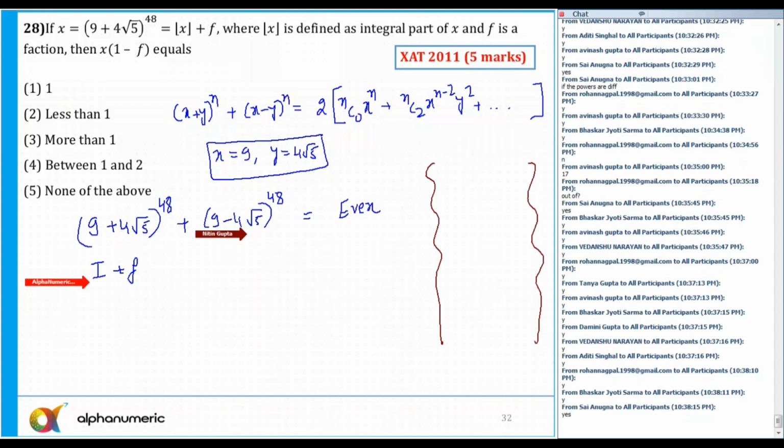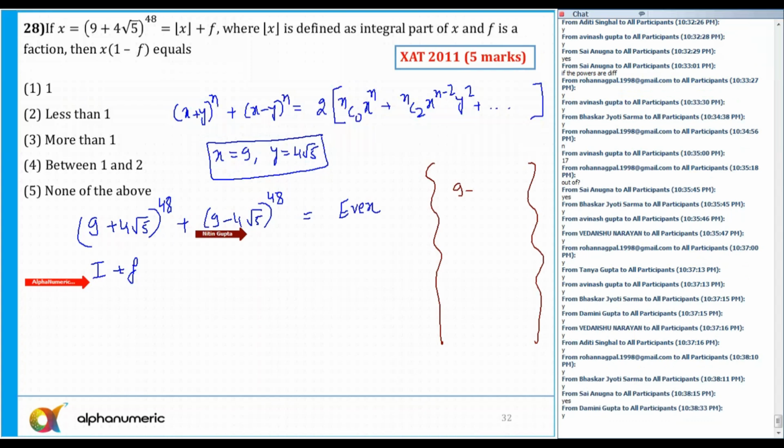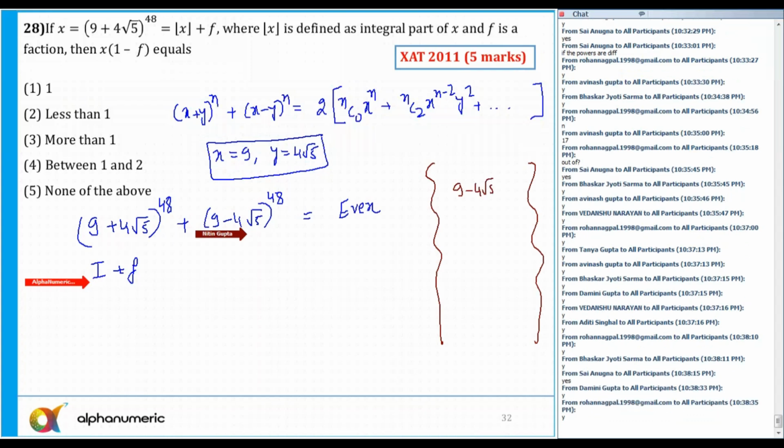I'm writing down here that 4 root 5 will be equal to root of 80, so 9 minus root 80 will always lie in the range 0 to 1, isn't it? Let us assume this value is f dash, which is lying in the range 0 to 1, the other fractional term.